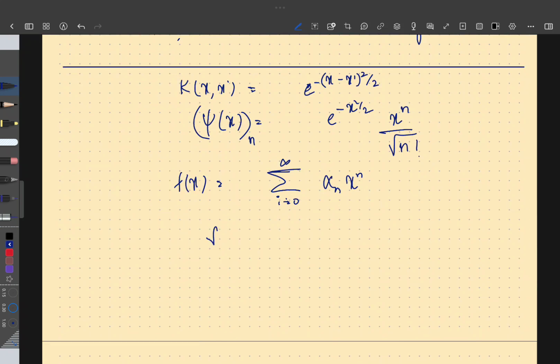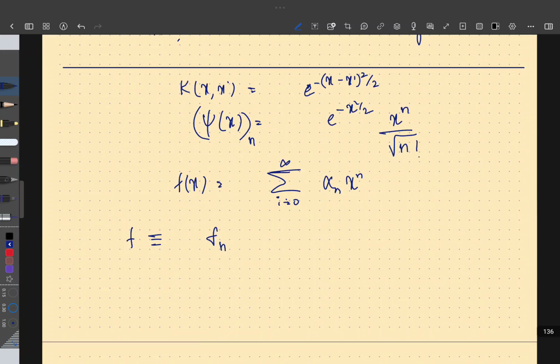So now let's take the representation. I'll represent f as an infinite dimensional vector, f0, f1, f2, f3, and so on. And this will basically be alpha n times root n factorial times e to the power x square by 2.